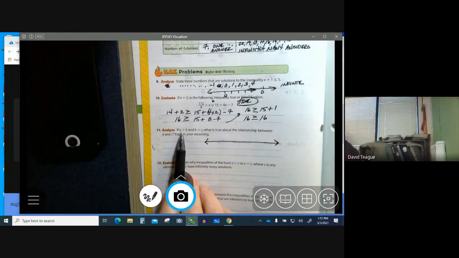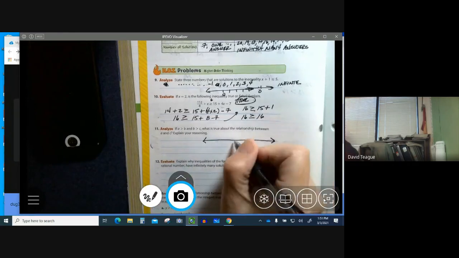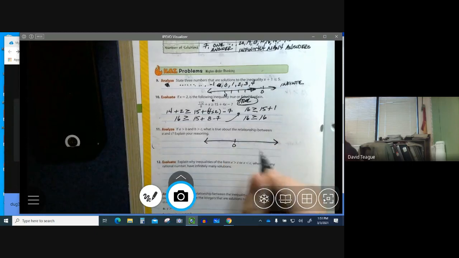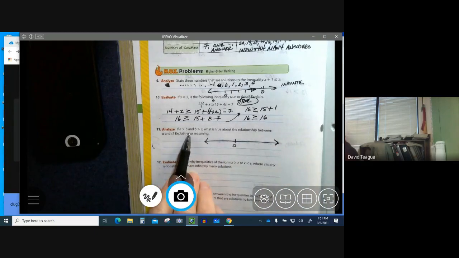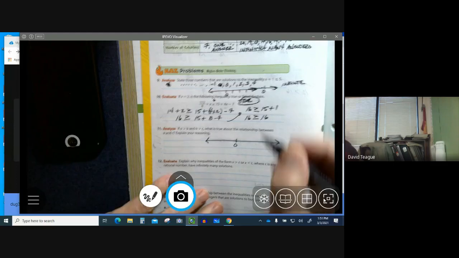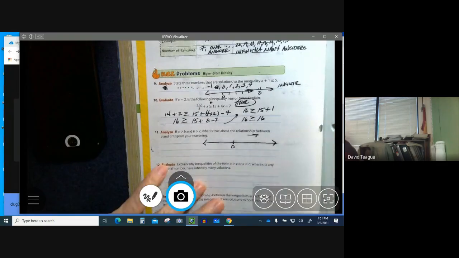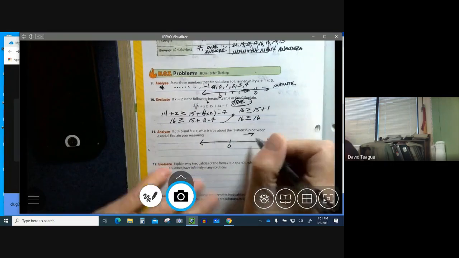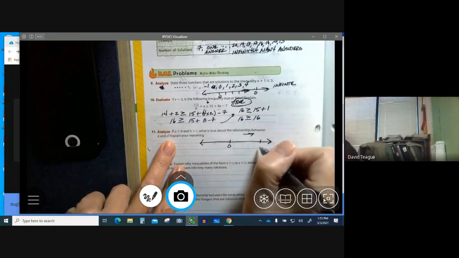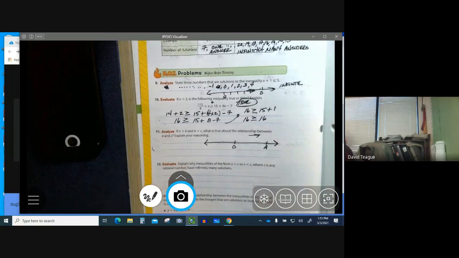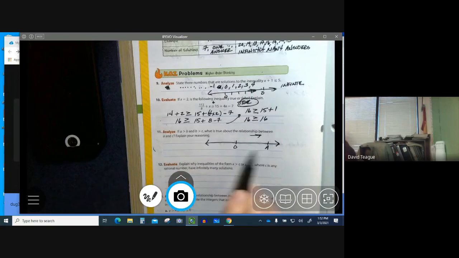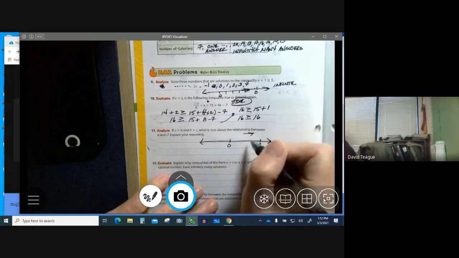So if A is greater, let's do this. Here's 0, right? If A is greater than B, then that means it has to be to the right on the number line, right? It has to be farther to the right because as you go on the number line, it gets bigger, right? So let's say A is out here. Okay, so A is greater than B, and B is somewhere in here.